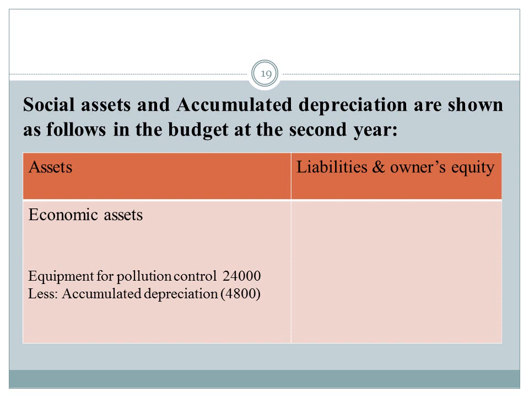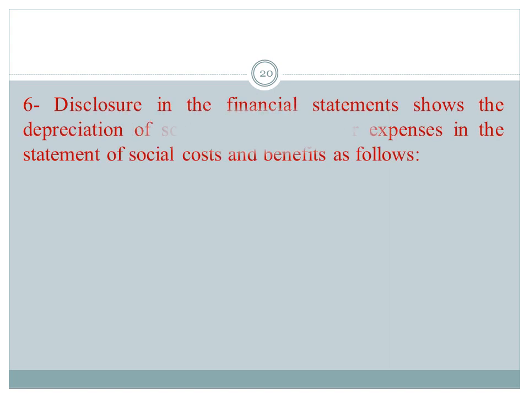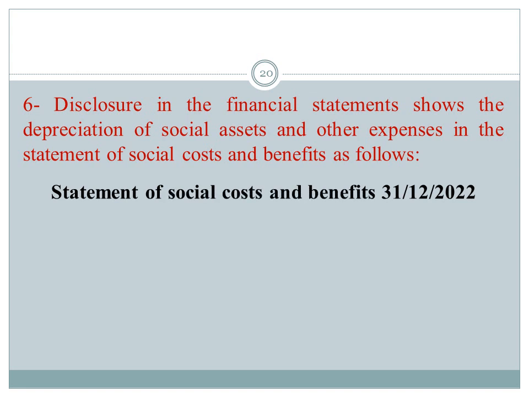According to the financial statement of costs and benefits, expenses will be the same. Depreciation premium for the year 2,400. Disclosure in the financial statement on 31 December 2022.